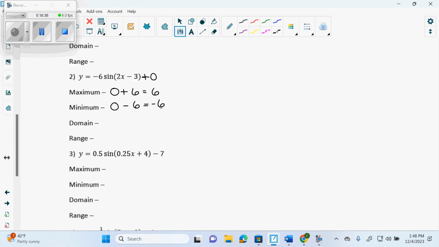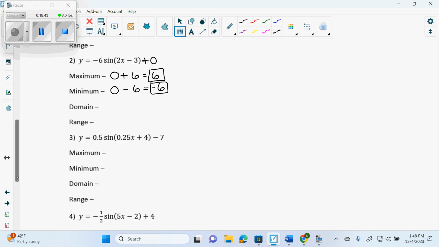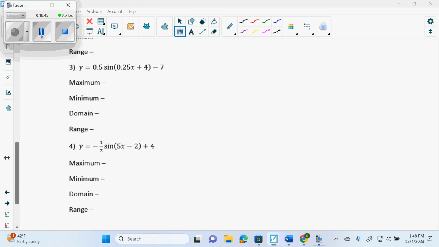True? So that's my maximum, that's my minimum. 3 and 4, go. The maximum for this one, what do we add together? -7 plus 0.5, and I get -6.5.